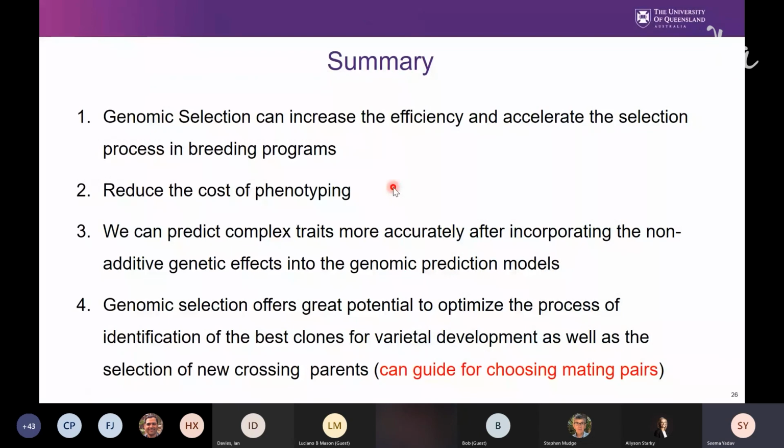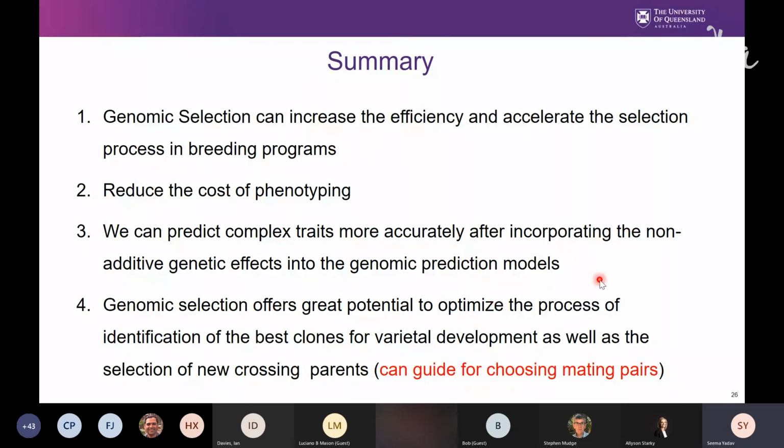So I will summarize my work here. Genomic selection can increase the efficiency and accelerate the selection process in breeding programs because we can do early testing as soon as we have a DNA marker available, so we can reduce the cost of phenotyping. And as we see, we can predict complex traits more accurately when we incorporate the non-additive genetic effect into the genomic prediction model.